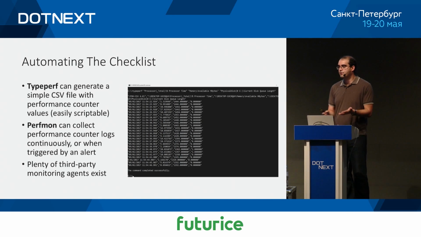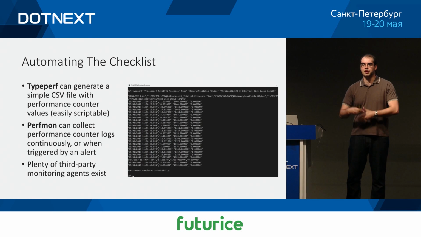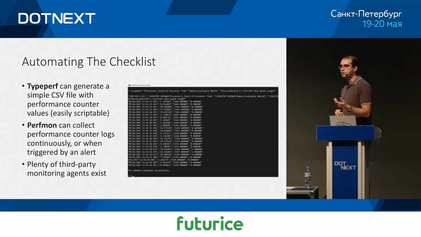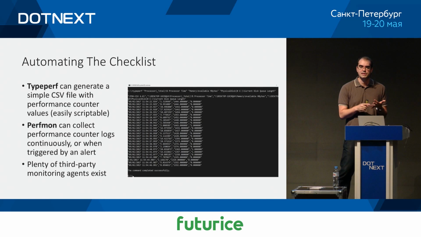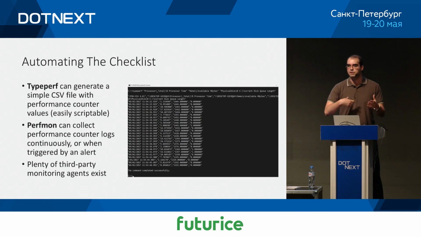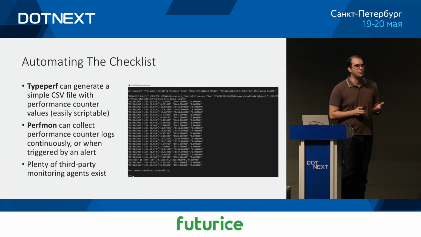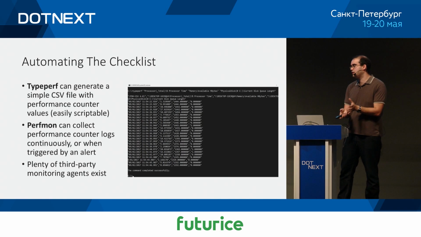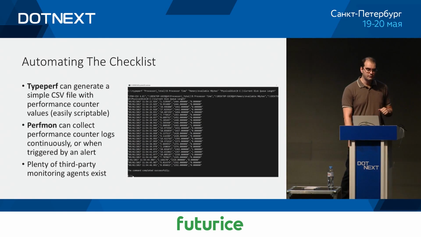And of course, there are third-party monitoring solutions. For example, if you're running on a cloud, your cloud provider probably has some sort of integrated monitoring tool which would look at CPU utilization, disk utilization, network bandwidth, all the basic metrics, so you can get alerts on this, and you get logs that you can look at later. So this really isn't very hard. It's just something you have to invest a little time in early on.